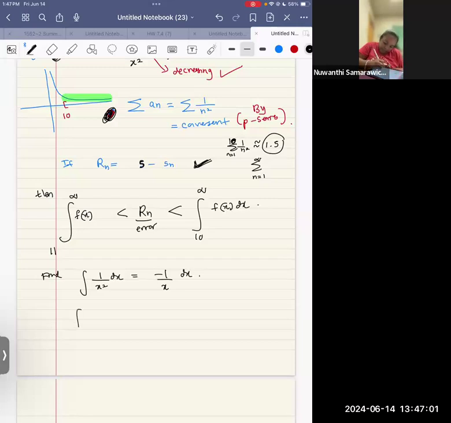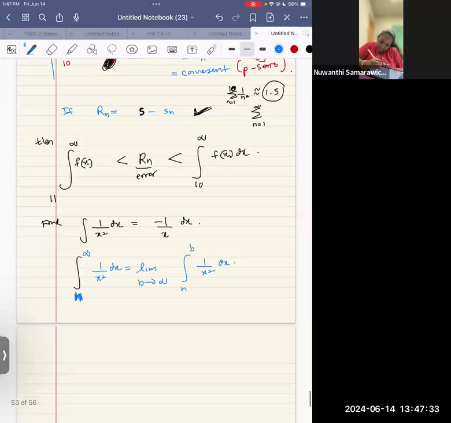So let's just find it for one value. Let's say maybe 10. Let's just use n, because then we can use n here. 1 over x squared dx. We can write the limit as b goes to infinity of the integral from n to b of 1 over x squared dx. This is 1 over b minus, plus 1.